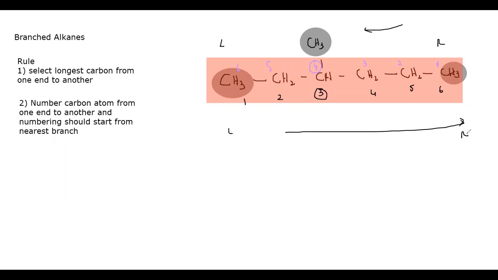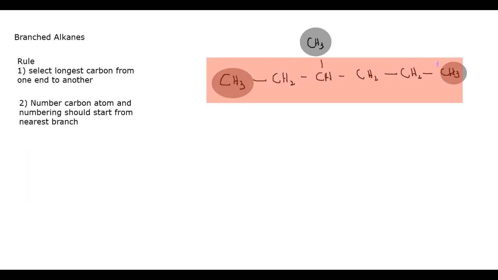Why left to right? Because the meaning of a closest branch here refers to when you count the carbon atoms, when you give the number to the carbon atom, the branch should occupy the smaller number, should be closer to the end.